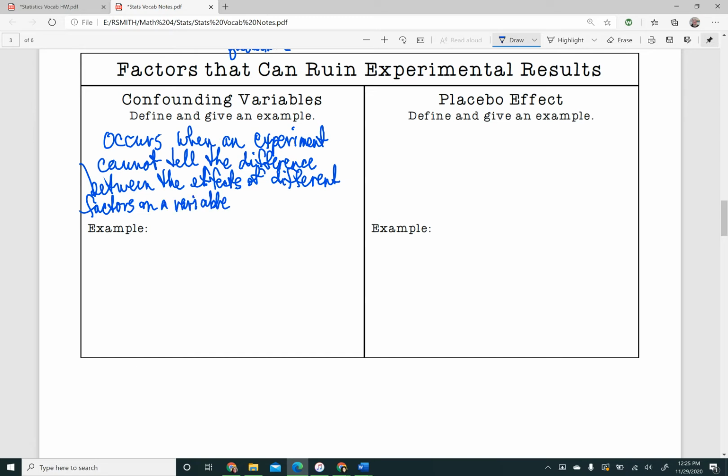So, for example, a restaurant does a full remodel of the facilities.